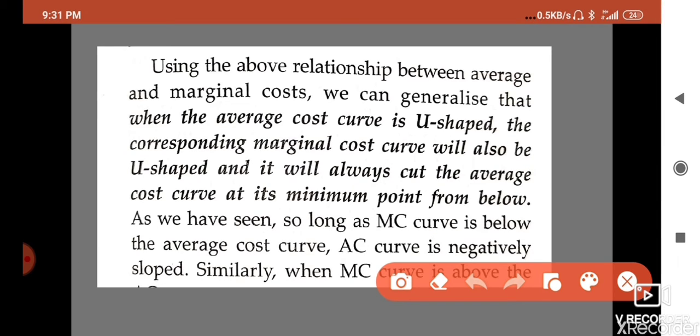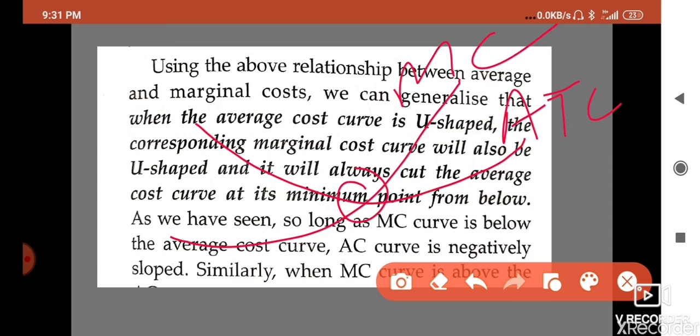Suppose this is the ATC curve and this is the MC curve. The MC curve will intersect the ATC curve from below at the equilibrium point, and afterwards it will go upwards, where MC is more than ATC.